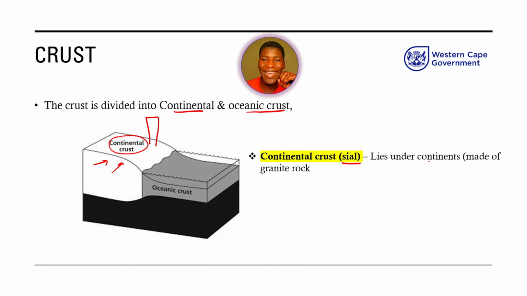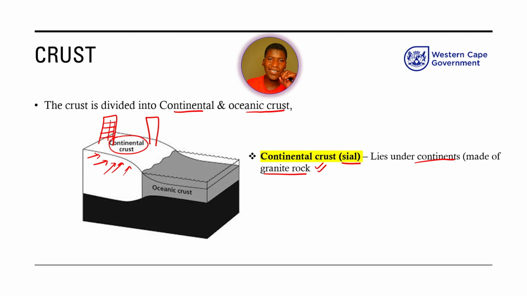So this one, it lies under continents. It just means that it's lying where we are staying at. For example, here I am and I'm chilling in my boat here in eThekwini. Here it is. So this is a continent. So this layer that lies under the continents is known as a continental crust. And then it is made up of granite rock.